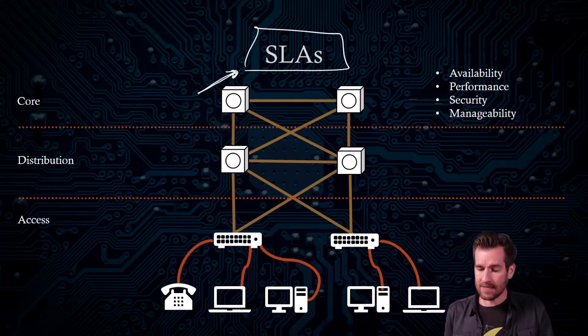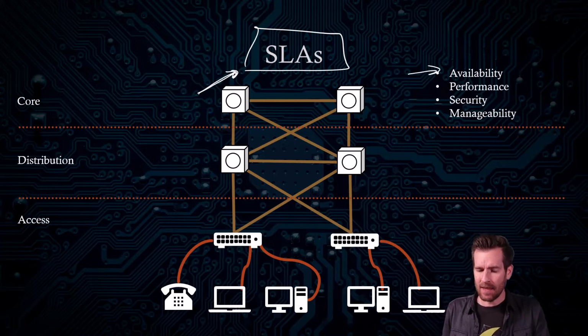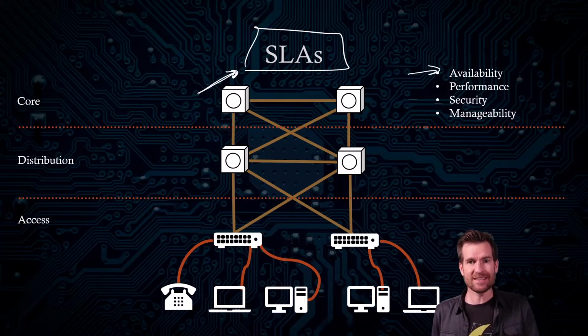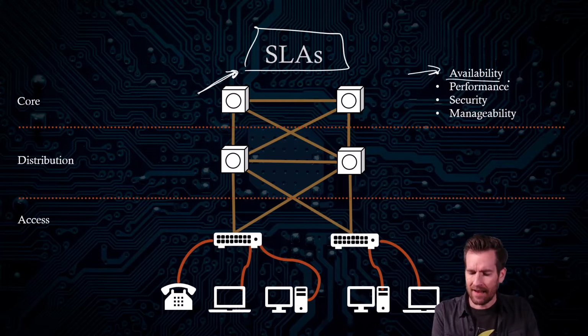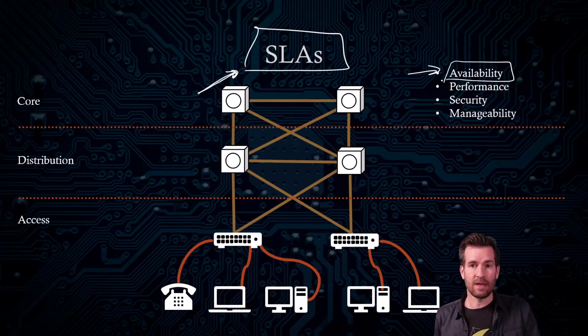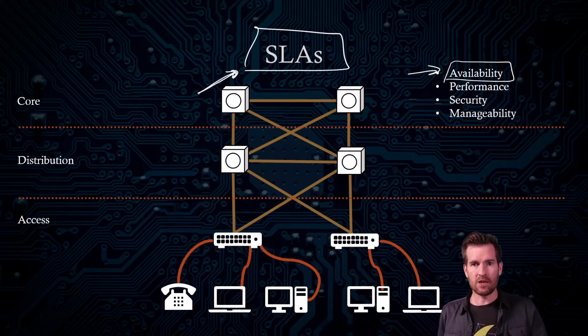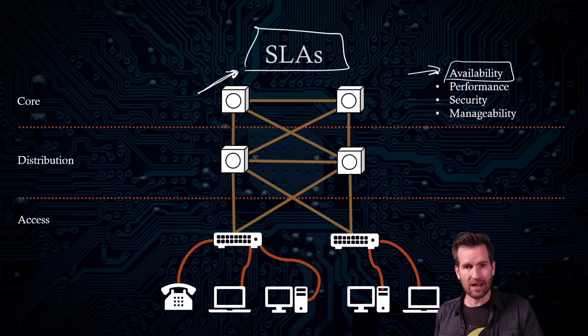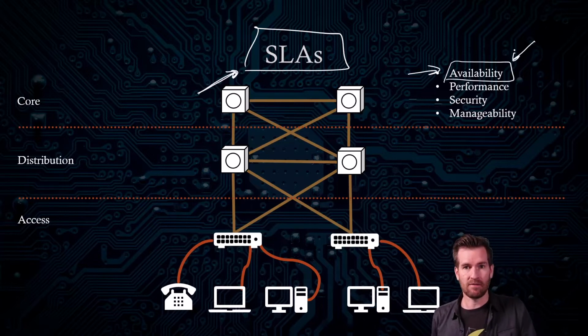A lot of times they specify something like the availability, how much uptime is going to be available. So for instance, if I have an internet service provider, how often are they down? Well, they will most likely have some sort of service level agreement around availability. And if they don't meet this availability standard, then you could be due some money back. They could give you a credit on your next bill because they have not met their service level agreement.